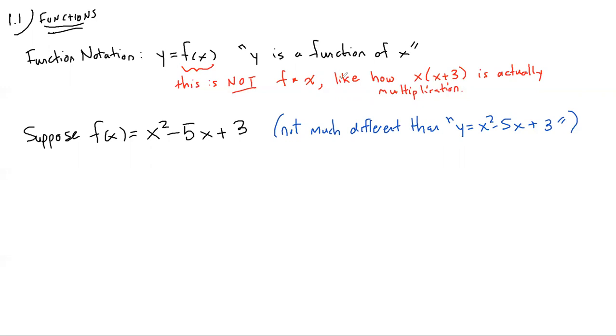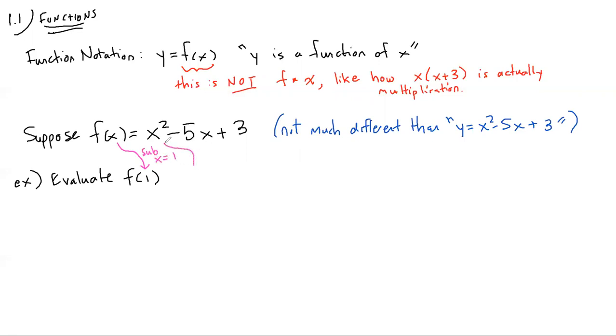And so what we're going to do is just plug some stuff into this. We'll evaluate f of 1. To do that, we just take this x and swap it out for 1. It's a substitution.